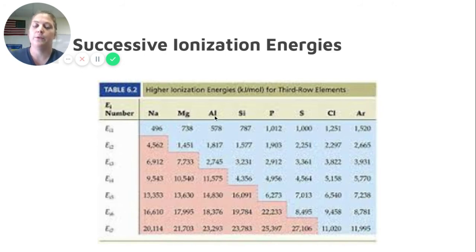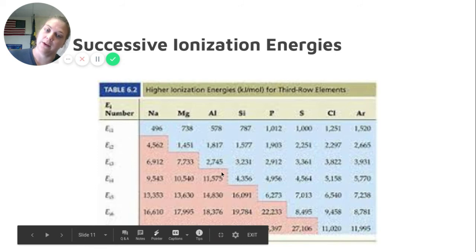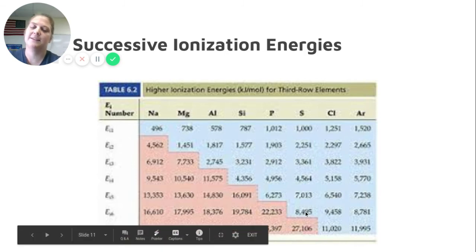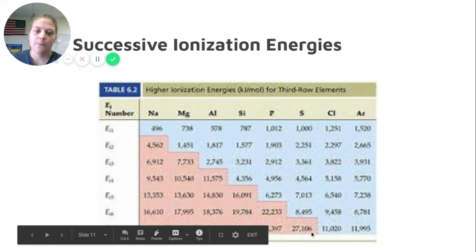We know from the periodic table that aluminum has 3 valence electrons. When you get to that fourth removed electron, you've gotten to the core. Okay. Sulfur. So we remove 1, 2, 3, 4, 5, 6 with similar magnitude numbers, and then we jump from 8,000 to 27,000.